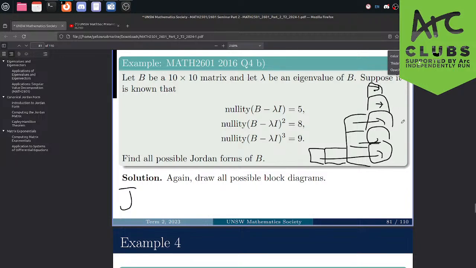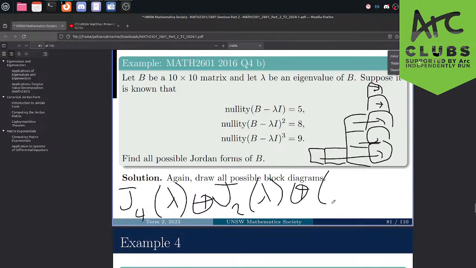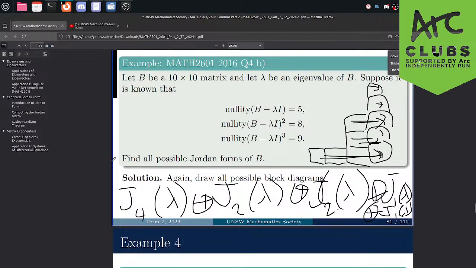One possible Jordan form is we have a Jordan chain of length 4 for the eigenvalue lambda, direct summed with a Jordan chain of length 2, lambda, and then another 2. So there's 4 here, 2 here, 2 here. So J4 lambda, direct summed with J2 lambda, and then direct summed with J1 lambda, and then direct summed with 1 more J1 lambda. Okay, so that's one Jordan form.